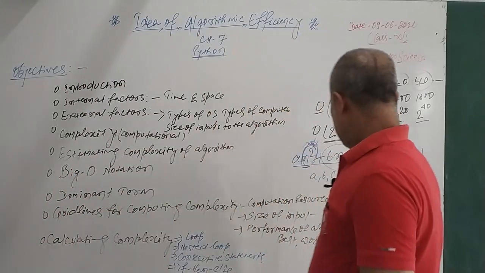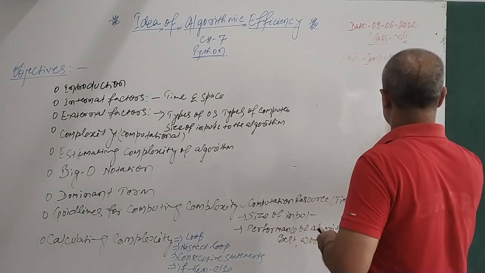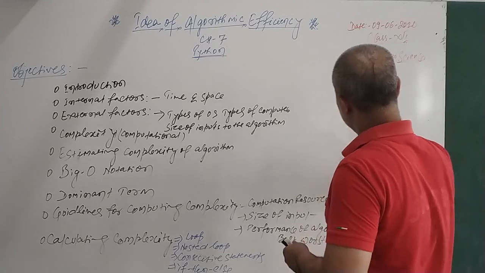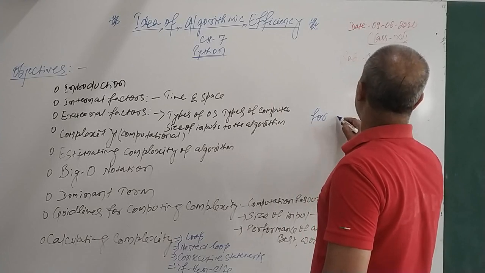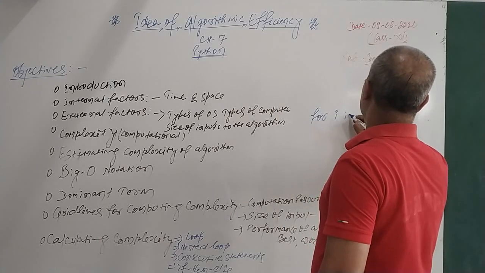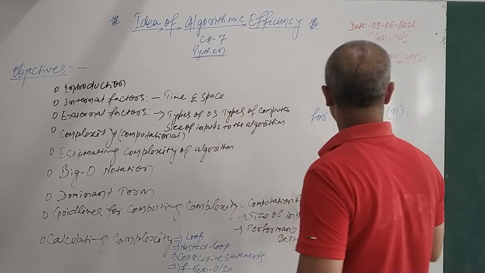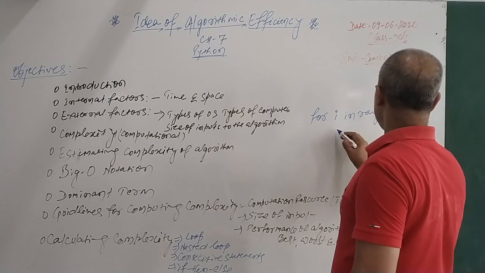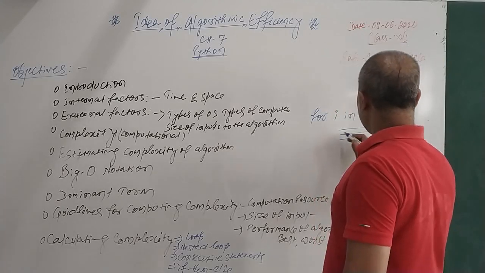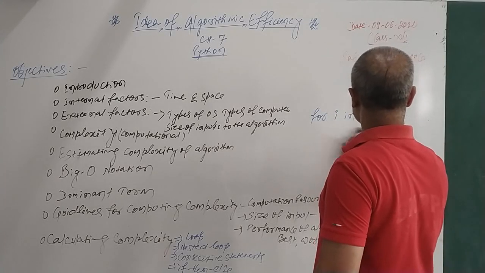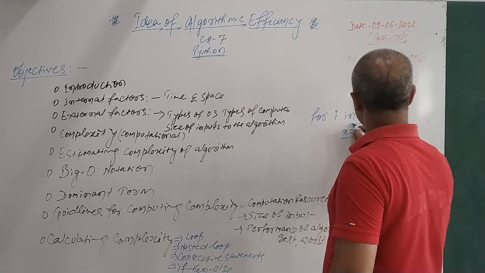Now let's see how the looping complexities can be measured. For an example, I'm using a loop, for i in range n, and then inside it there is some statement. You may have any set of statements. Suppose I just say x = x + 2.